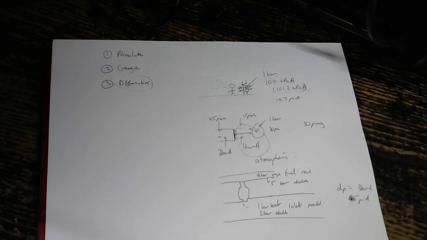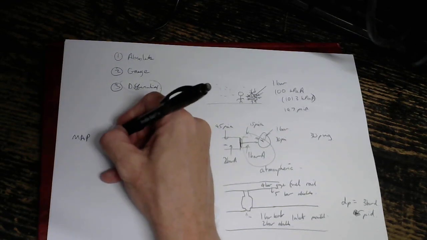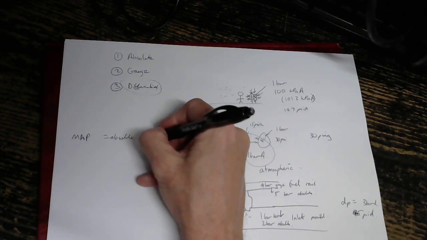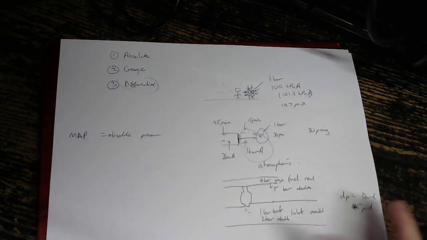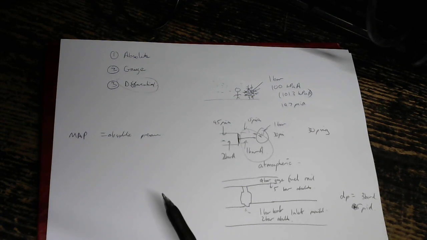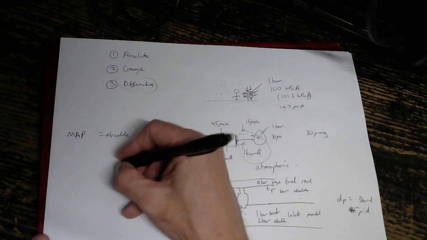So, a few points of confusion that people seem to have. MAP is absolute pressure. That's what the A stands for. Because if you're inside the engine and you're trying to work out how much fuel it needs, that's based on the actual pressure of the air inside the engine. That tells you what the volume of the air is.